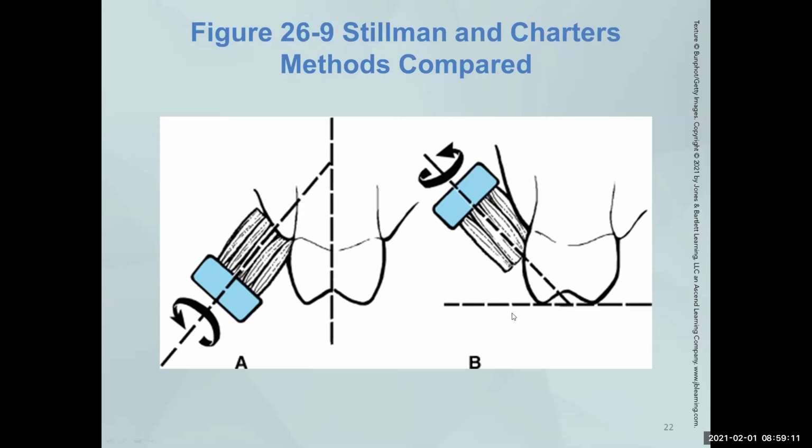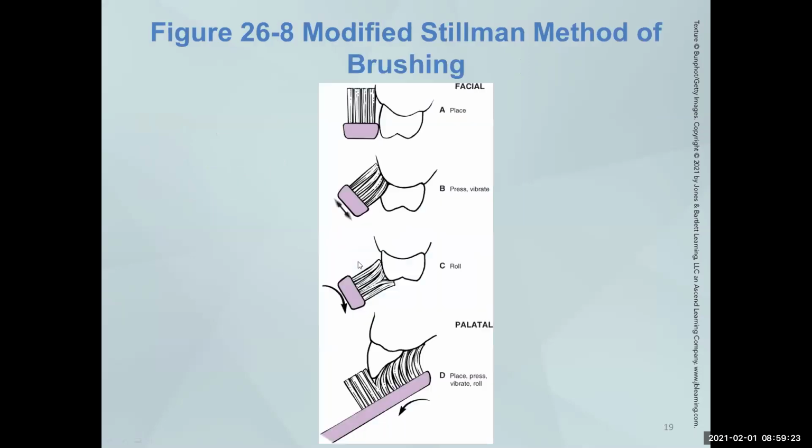Now, we say 45-degree angle. Does that mean our patient needs to know it's a 45-degree angle? Absolutely not. Some methods you're going to tell the patient, instead of the Stillman's, which is coming up like this and then angling, sometimes you're telling the patient to just hold the brush perpendicular and then angle it just a little bit towards the gum.